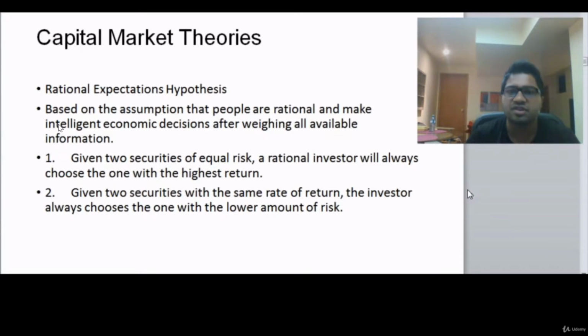It is based on the assumption that people are rational and make intelligent economic decisions after weighing all possible information. Given two securities of equal risk, a rational investor will always choose the one with the highest return. And given two securities with the same rate of return, investors always choose the one with the lowest amount of risk.